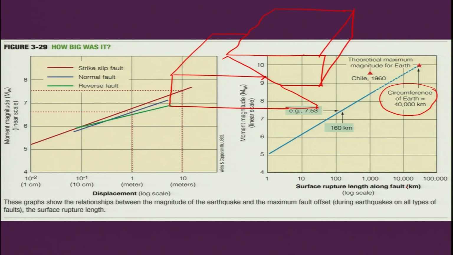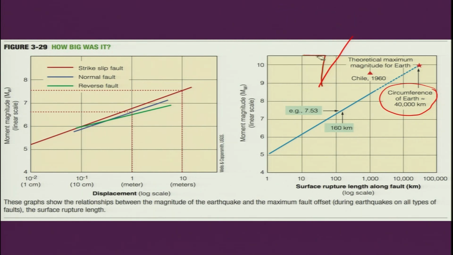Okay. So in both the cases, what we see is that if you are having the larger magnitude earthquake, then larger will be the slip on different types of faults, which you can make out based on the curves which have been given here.